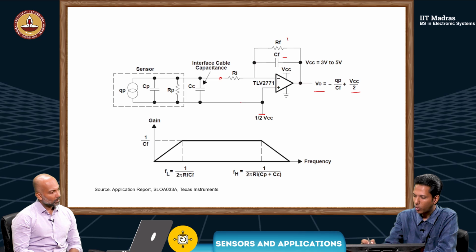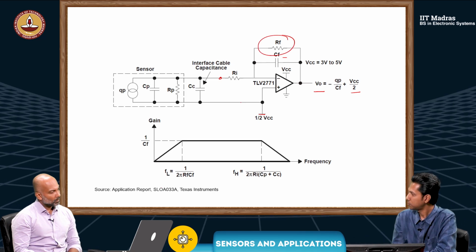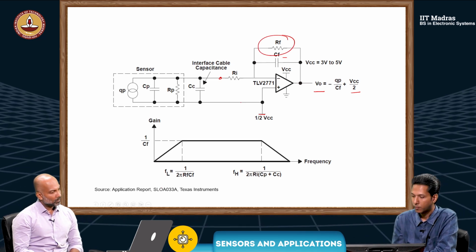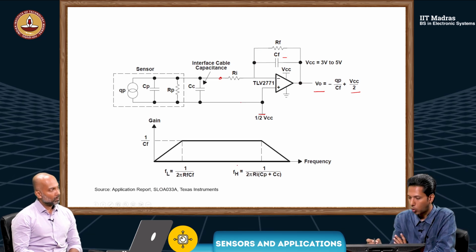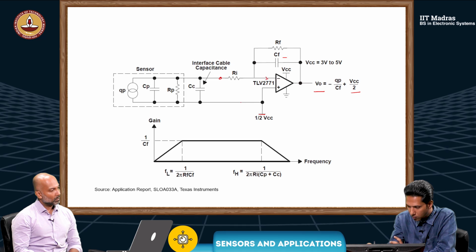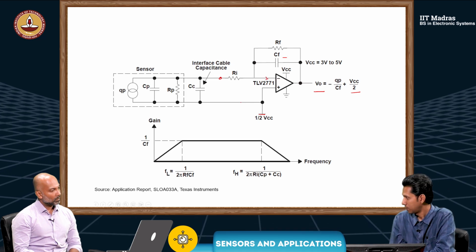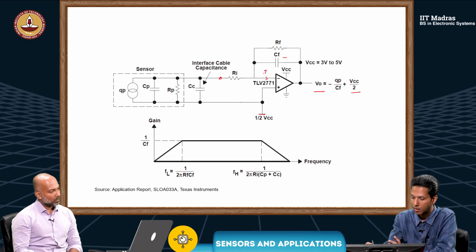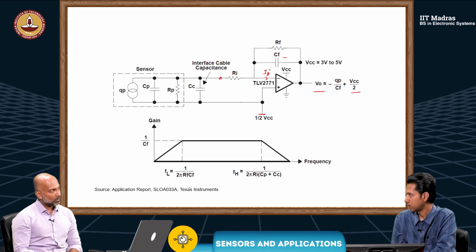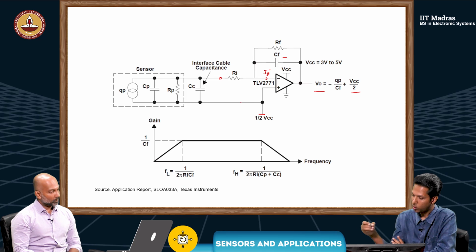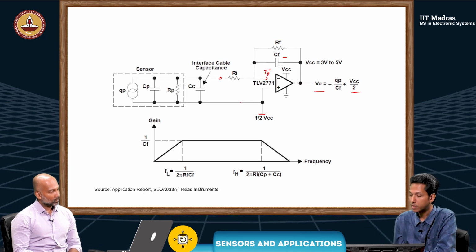Now, why this RF? Because when you use an op amp, it will have some bias current, IB minus in this case, maybe going in or coming out depending on the input stage.